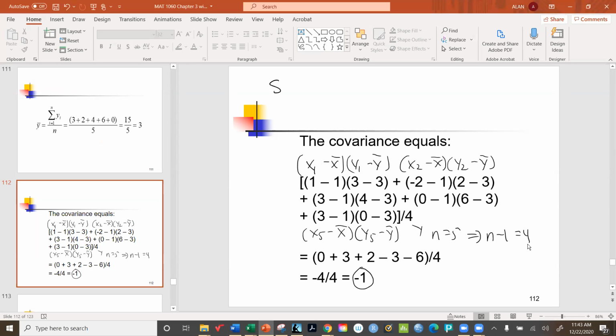So the covariance is negative, which implies the two variables tend to move in opposite directions.